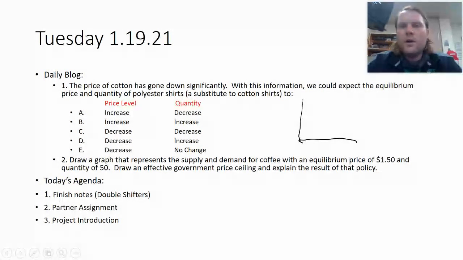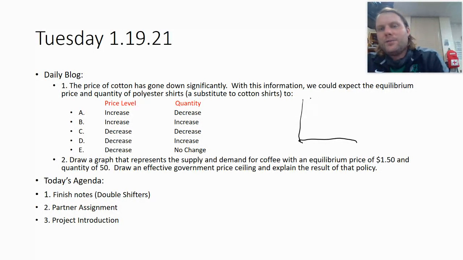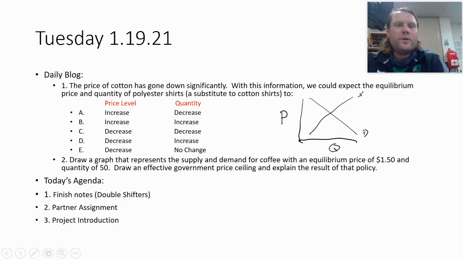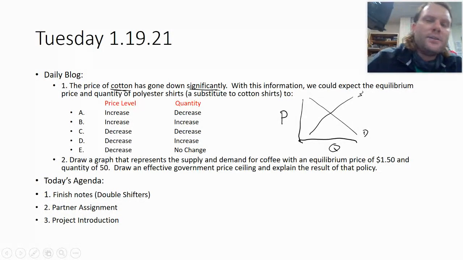With that info, what would we expect the equilibrium price and quantity of polyester shirts, which are a substitute to cotton shirts, to do? Okay, so I like to draw as many graphs as I can just to get good at it, to check my work. So cotton is cheaper.